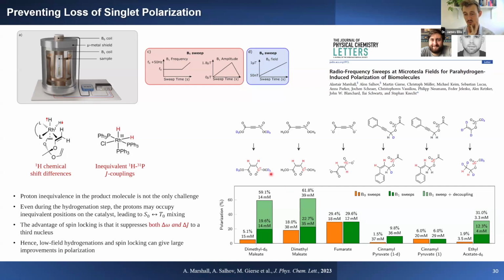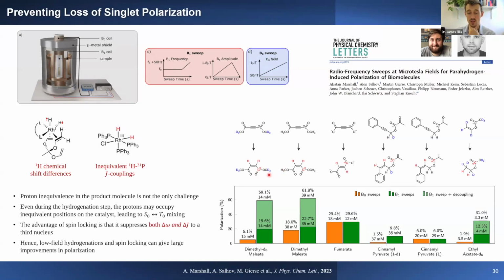You'll notice that in all of these cases where there's deuterium in the molecule, you have much lower polarization when you do a B0 sweep. That's because when you go to ultra-low magnetic fields, all of the spins become strongly coupled. You've suppressed the Larmor frequency differences.